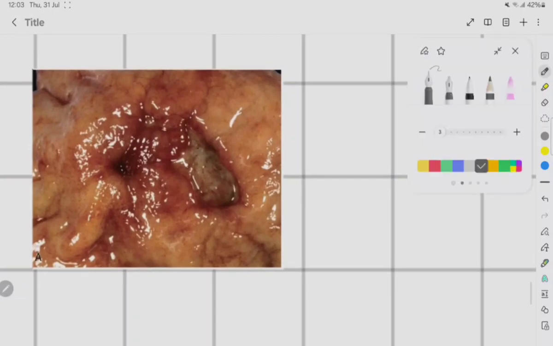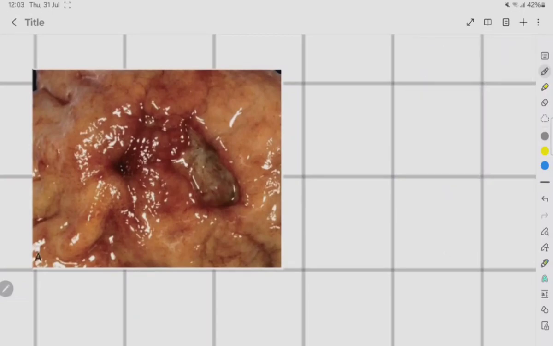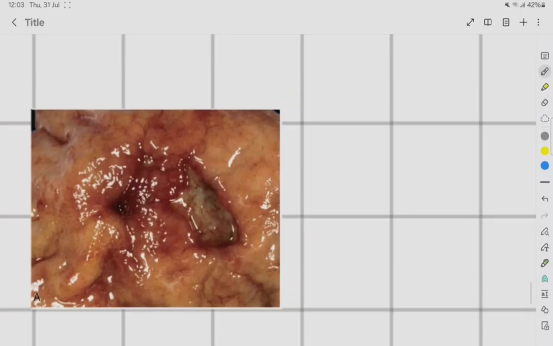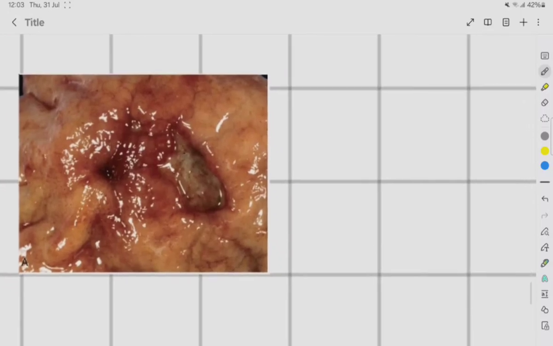Now this is another mucosal defect. This is another defect in the mucosal wall or the continuation. How is this different from the earlier one? Here you can see that it's like a punched out lesion, as if someone has removed a scoop of the mucosa instead of a scoop of ice cream.